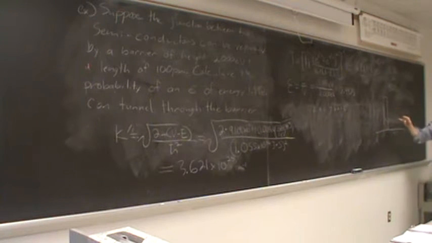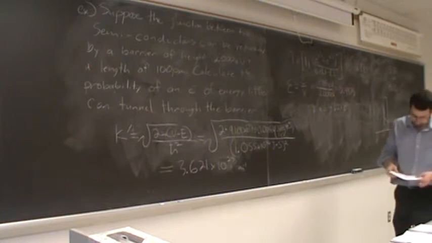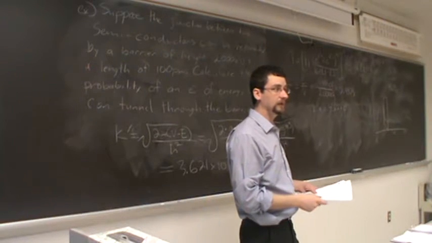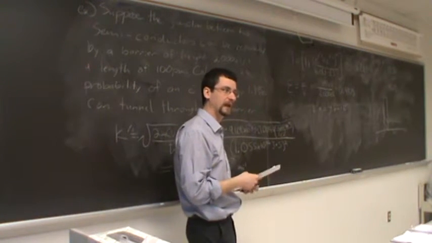So what we found here is that depending on the mass, tunneling is much more important. It's a way more important influence for electrons than it is for protons, but it still has physical consequences even for protons.